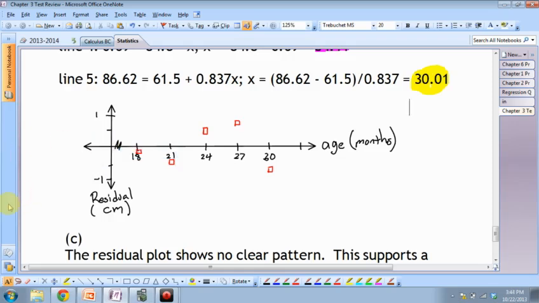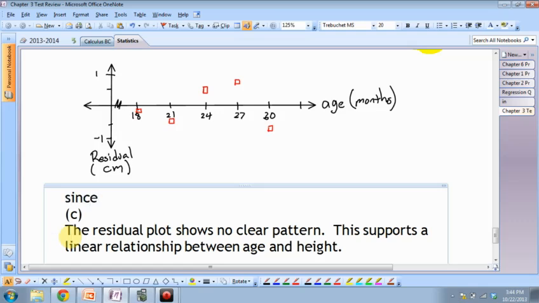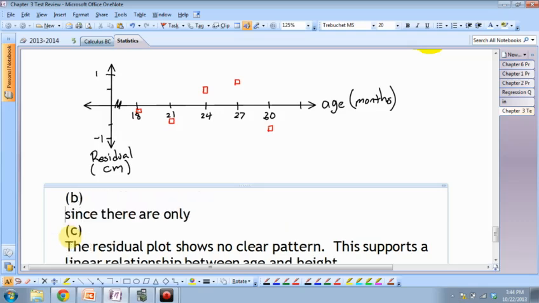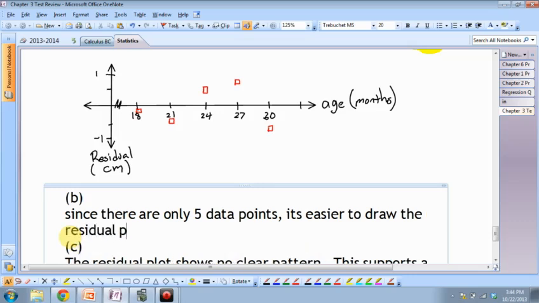And my suggestion was, since there are only 5 data, it's easier to draw the residual plot without the calculator. Just go ahead and do that.